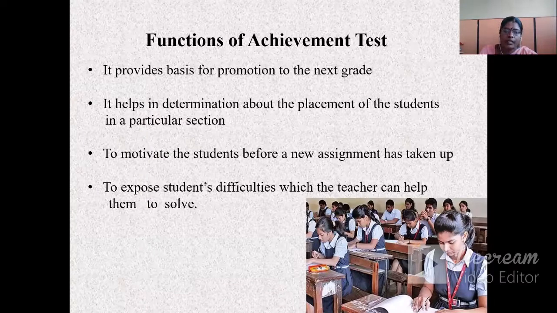It assesses attainment of goals, specific concepts, and objectives. It considers the classroom performance as a whole, assesses each and every student, and provides motivation to students, that means giving reinforcement.